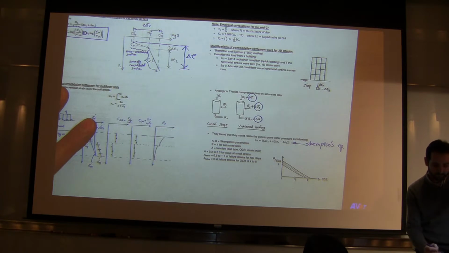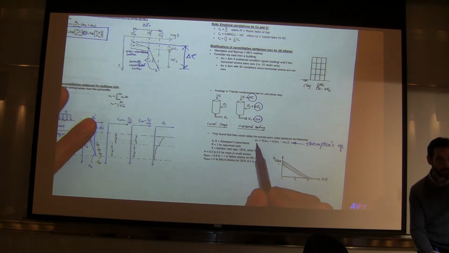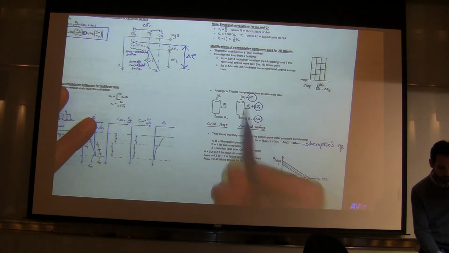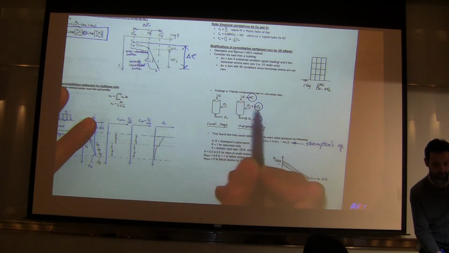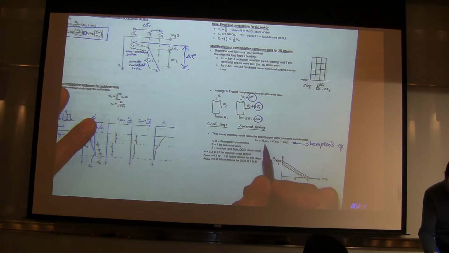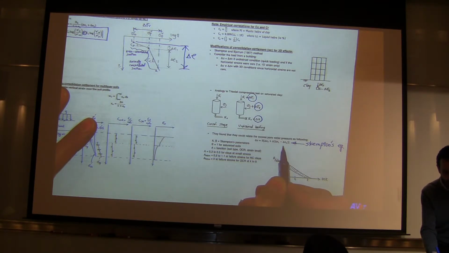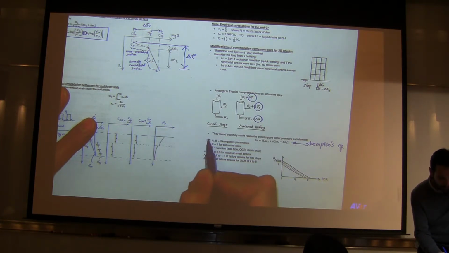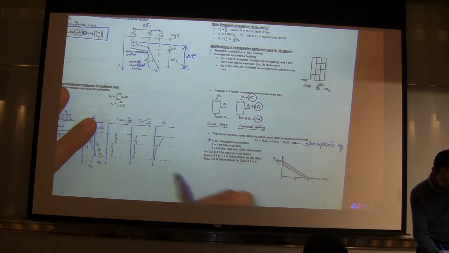It says that the excess pore water pressure that will be induced in the soil due to delta sigma 1 vertically and delta sigma 3 horizontally is equal to B times delta sigma 3 plus A times (delta sigma 1 minus delta sigma 3). So A and B are called Skempton's parameters, Skempton's A and B values.